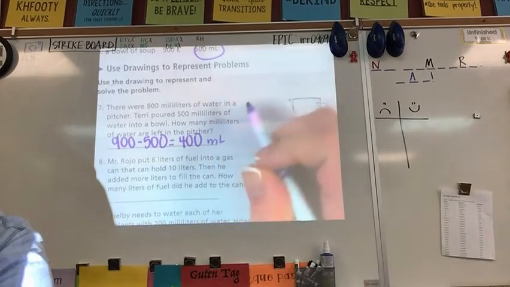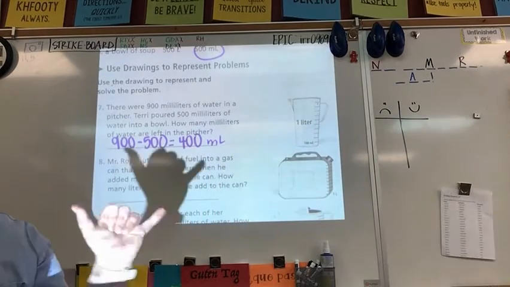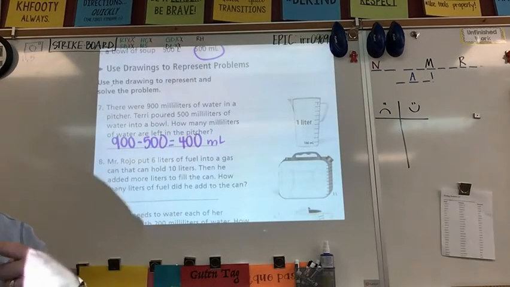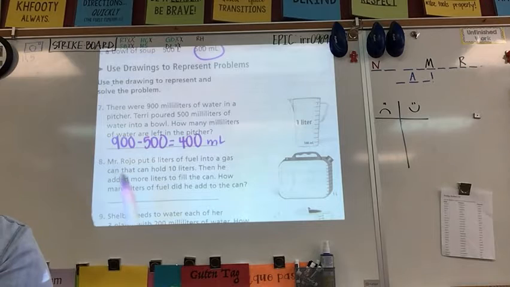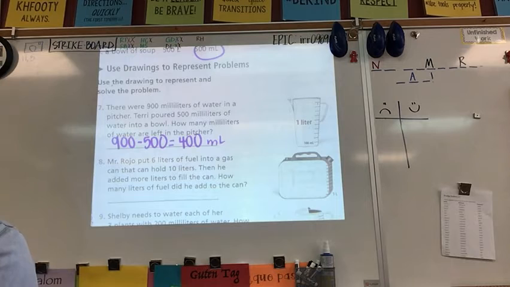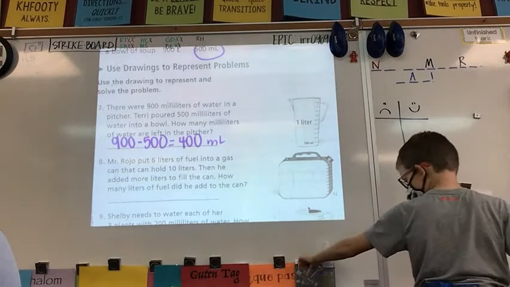Milliliters. Let's see those gestures, friends. Do we agree with this thinking? Are we thinking something different? Emerson saying I started with 900 milliliters. I got rid of or poured out 500 and now I have 400. Which means yes. Everyone's agreeing and I agree too. Go ahead and give us a point, Emerson. What do you say? Oh, yeah. Numero ocho.